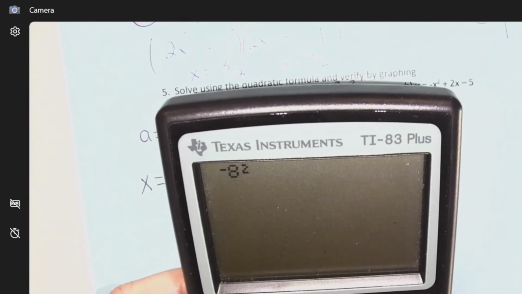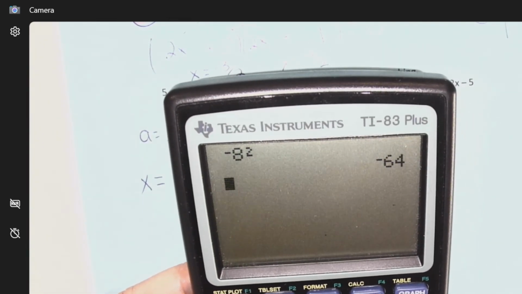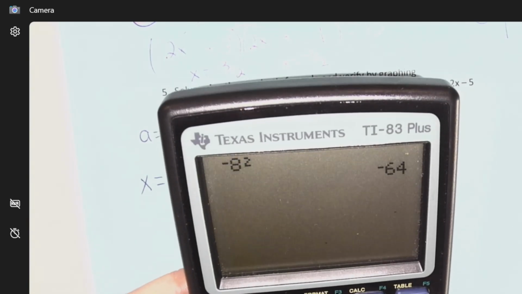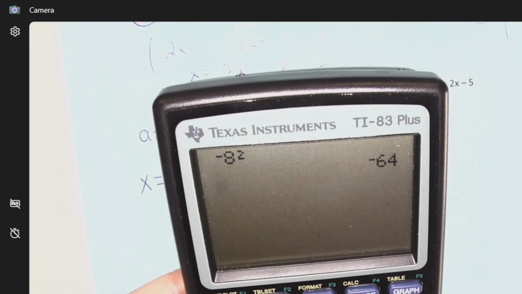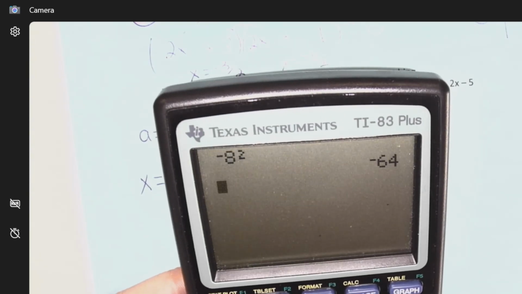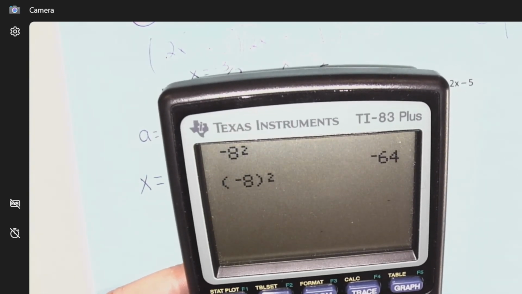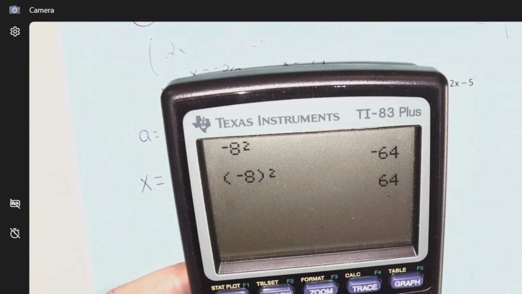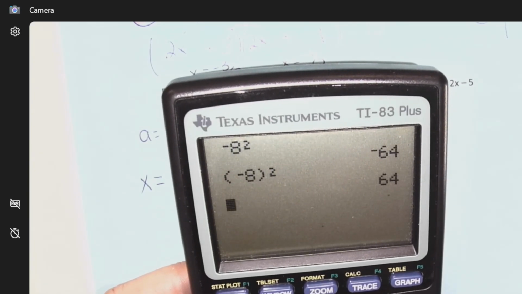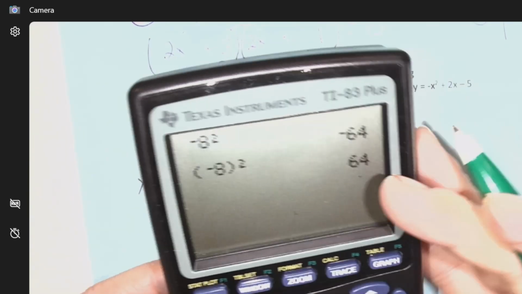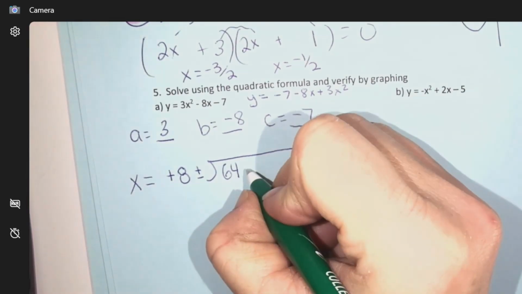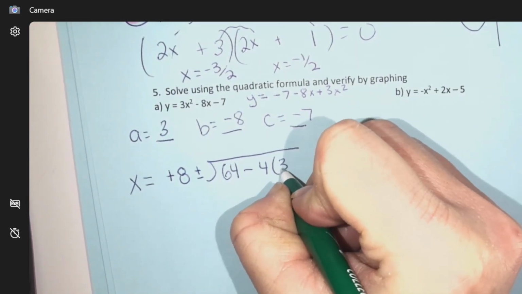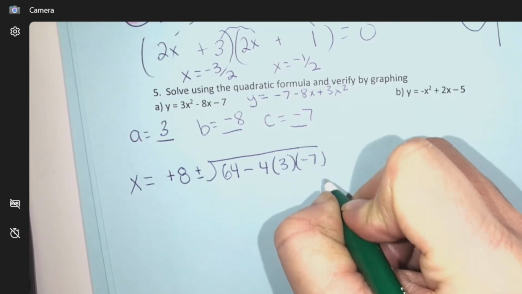What's wrong with this person doing this? Not the right answer. This is how they should have typed it. But just know, always, you can't be negative if you square something. That's wrong. So +64 minus 4 bracket 3 bracket -7.